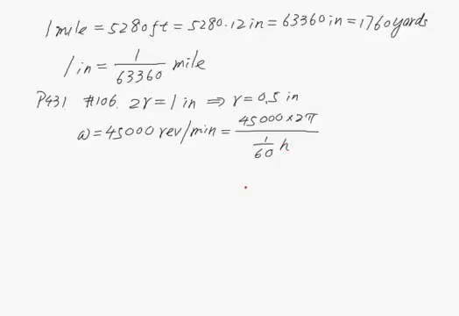Now to simplify this complex fraction, we just multiply both numerator and denominator by 60. Then this 60 and this 60 cancel. So finally, you multiply 45,000, 2 pi, and 60. Then you get 540,000, so totally 5 zeros, times pi per hour.